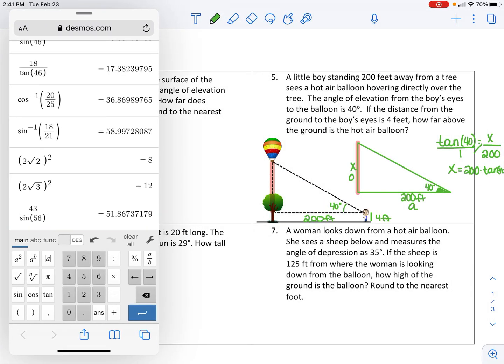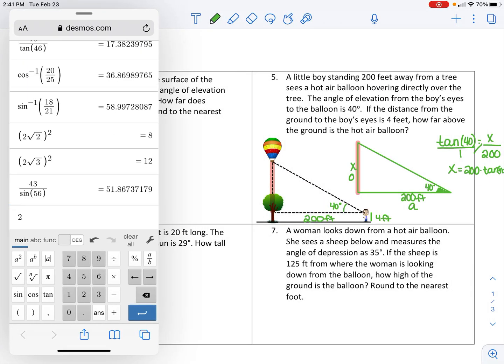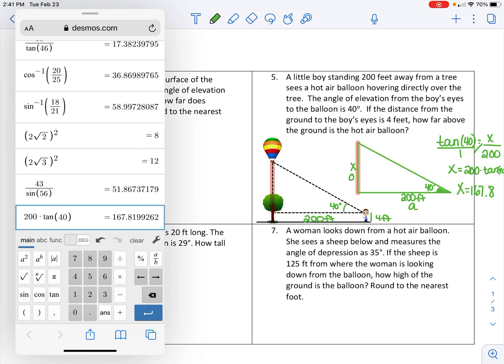So what I'm going to do is, in my Desmos calculator, I'm going to take 200 times the tangent of 40. And that's going to give me 167, let's say 0.8. Okay, that's rounded to the nearest tenth.